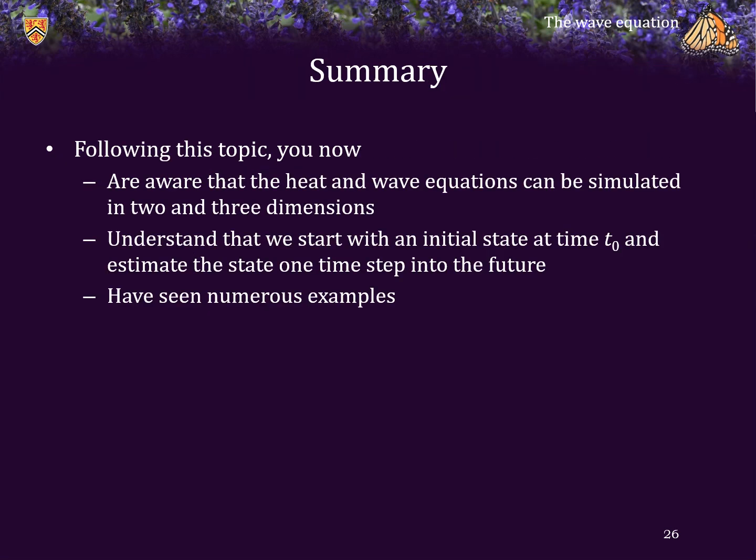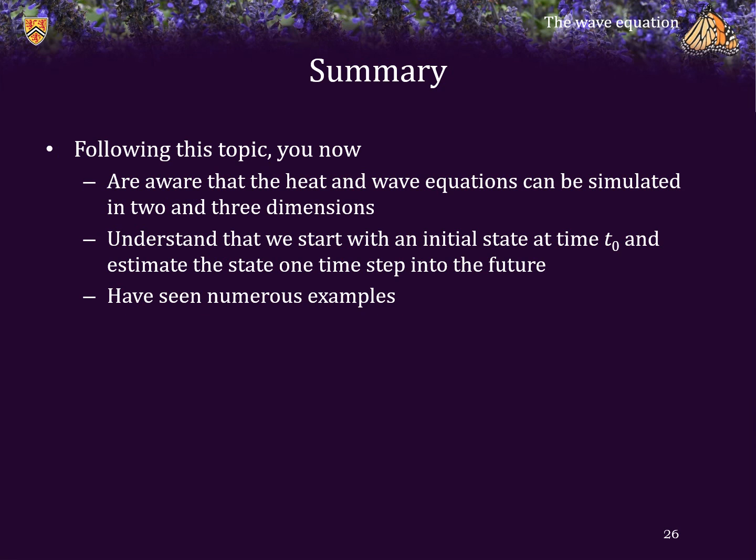All right, following this topic, you now are aware that the heat and wave equations can be simulated in 2 and 3 dimensions. You understand that we start with an initial state at time t0, and on an appropriate grid, we estimate the state one time step into the future.